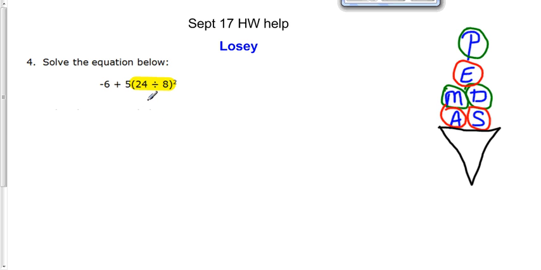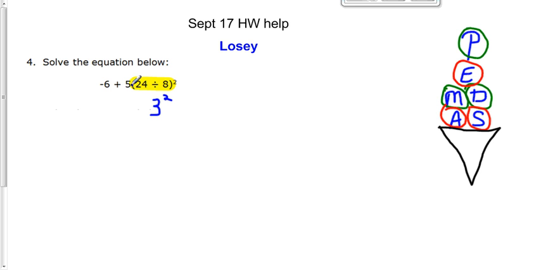24 divided by 8 is 3. I'm going to bring it straight down where it is. Now we have an exponent, but the exponent's outside the parentheses. So once I solve the inside, then I'm going to put my exponent back on my answer that was inside. We also have this 5 smashed up against the parentheses.